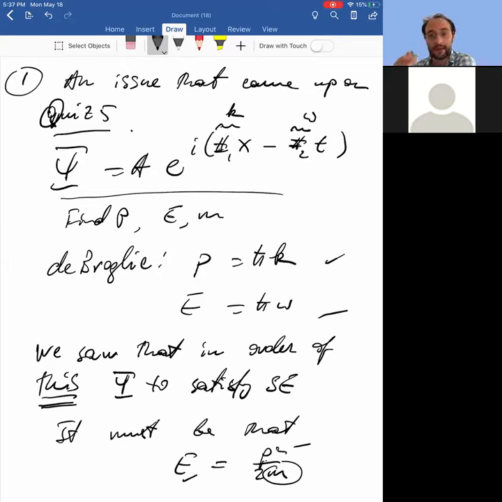Why do I emphasize the letter a? Because you can obtain other solutions by superposing other harmonics. They will have different Ks, and they will also have different omegas. Remember that omegas and Ks are related.